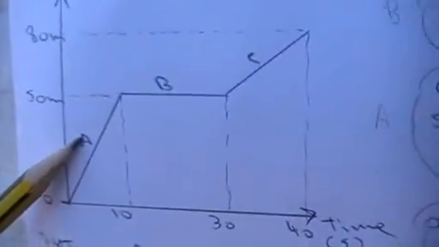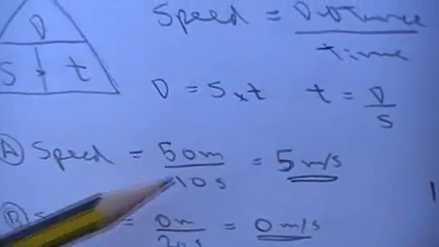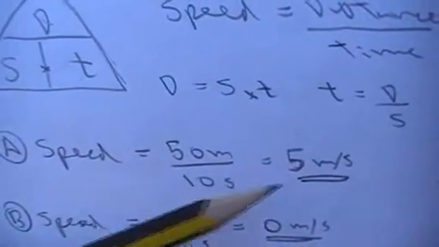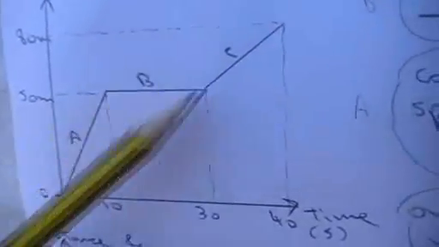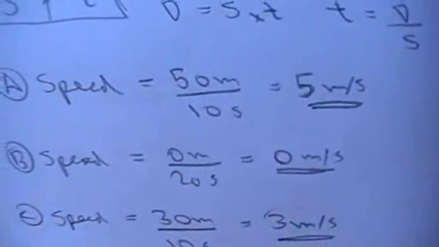So if we look back at this one here for A, if we want to calculate the speed, we travelled 50 metres in 10 seconds. 50 divided by 10 is 5 metres per second. Part B, we travelled no metres in 20 seconds, so 0 divided by 20 is 0.